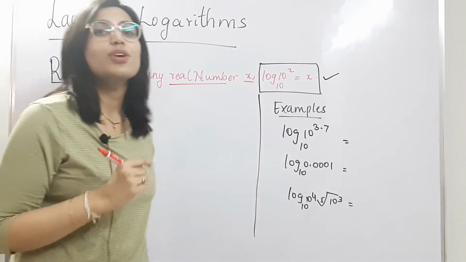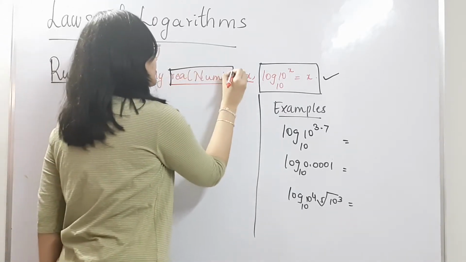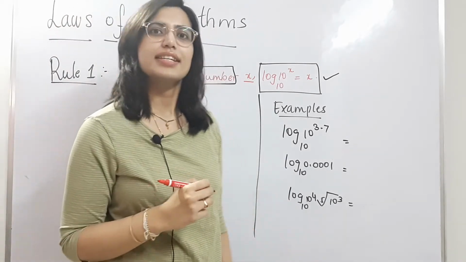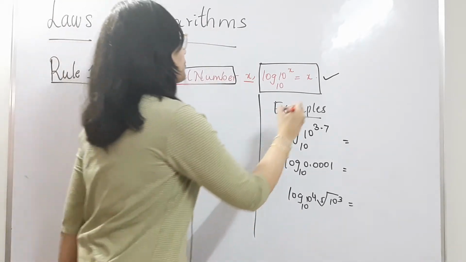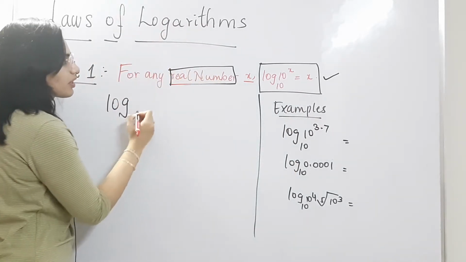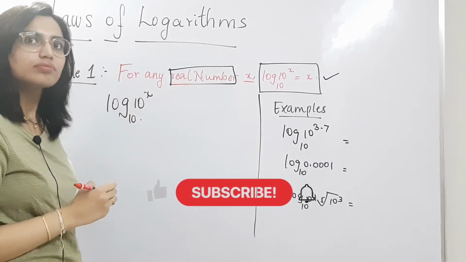The first rule of logarithm is, for any real number x, we will say that log of 10 to the power of x, to the base 10, is x. How do we prove this? I will ask you a quick question first. What is the meaning of this?